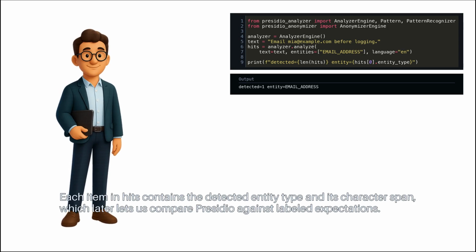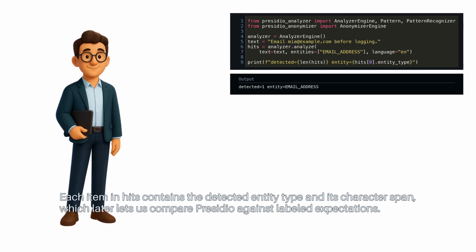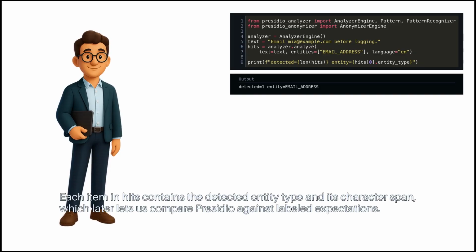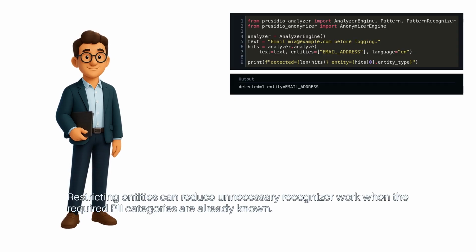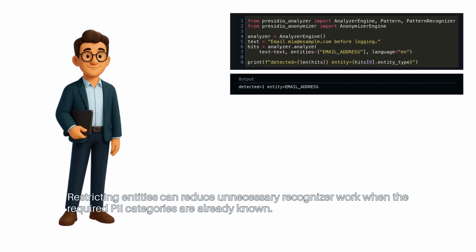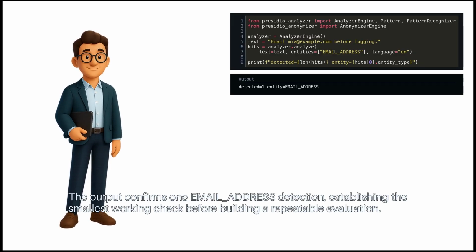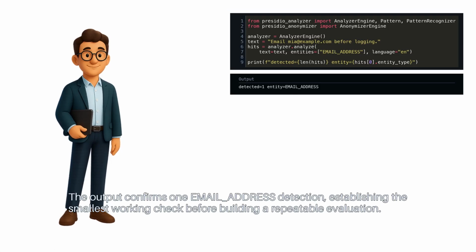Each item in hits contains the detected entity type and its character span, which later lets us compare Presidio against labeled expectations. Restricting entities can reduce unnecessary recognizer work when the required PII categories are already known. The output confirms one email address detection, establishing the smallest working check before building a repeatable evaluation.